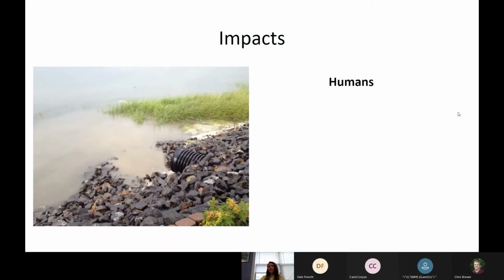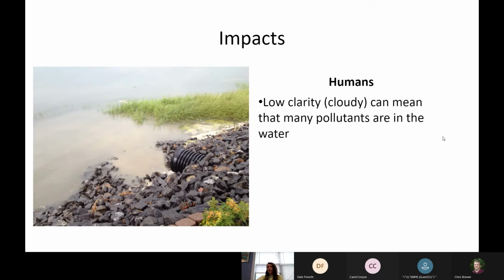So some of the impacts of this for humans are that it's a sign to us that there's a lot of pollutants in the water, because when we picture a healthy stream, it's usually clear. We can see the bottom.